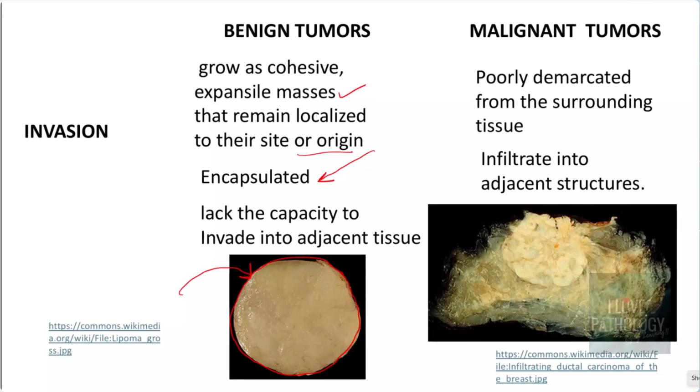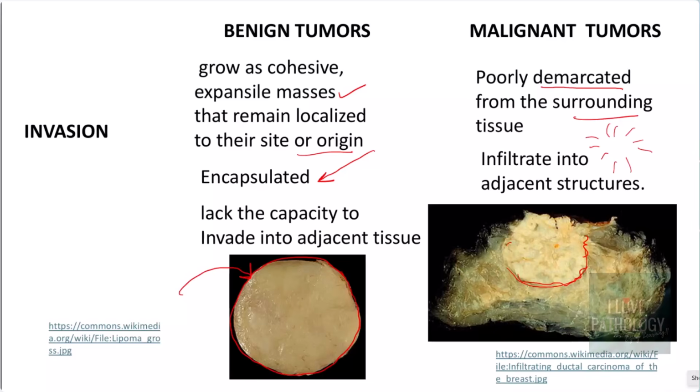And because they are well encapsulated, because they are slow growing tumors, and most importantly, they lack the capacity to invade into the adjacent tissue. That's an important feature. Whereas in malignant tumors, they are often poorly demarcated from the surrounding tissue, which means the tumor has infiltrated into the adjacent tissue, right? So look at this. This is not a circumscribed or a well-defined tumor.